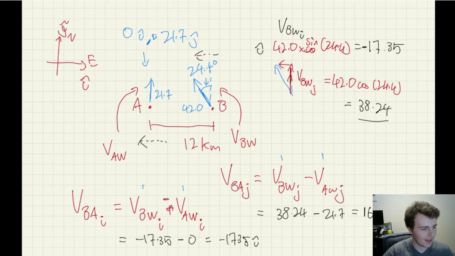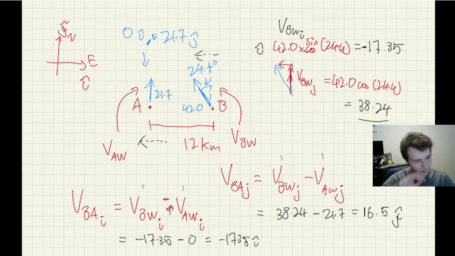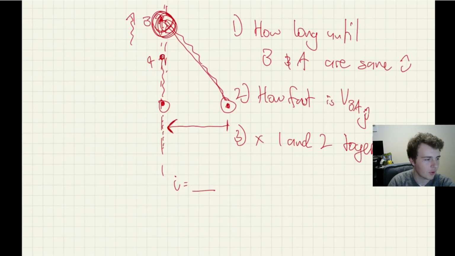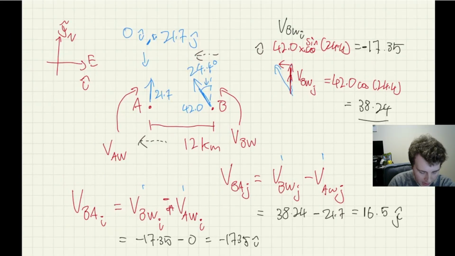So we have here, what was I talking about? First of all, how long until B and A are at the same I, right? The thing is that we know the relative velocity in the I direction, right? This thing here.